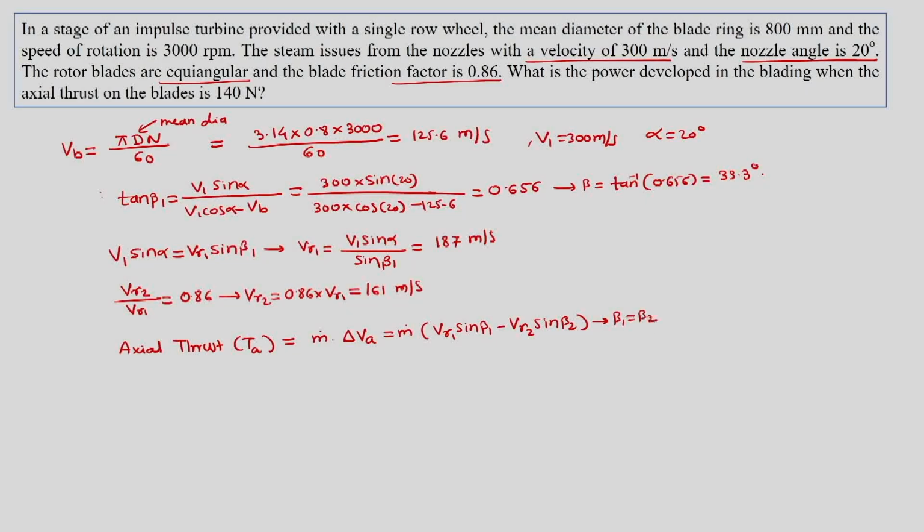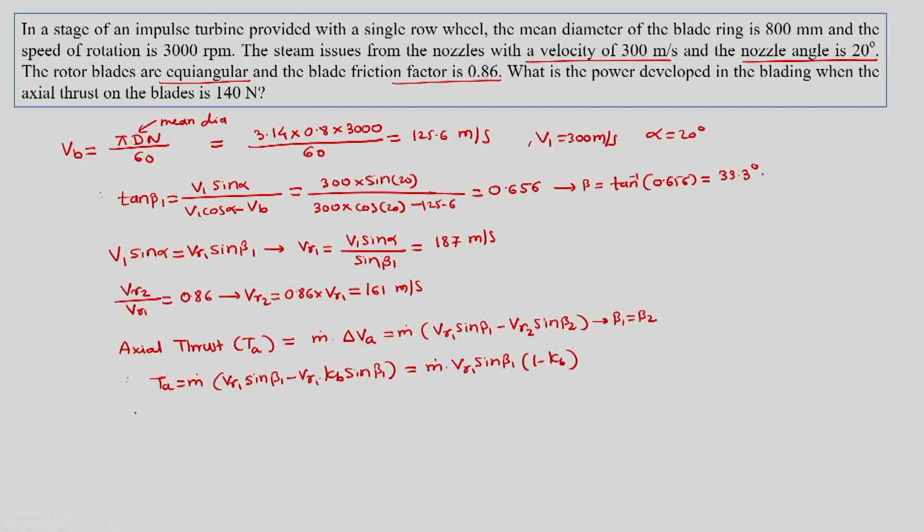So what can we write? TA is equal to m dot into VR1 sin beta 1 minus KB into VR1 into sin beta 2, which is equal to beta 1. So we have m dot into VR1 sin beta 1 into 1 minus kb.